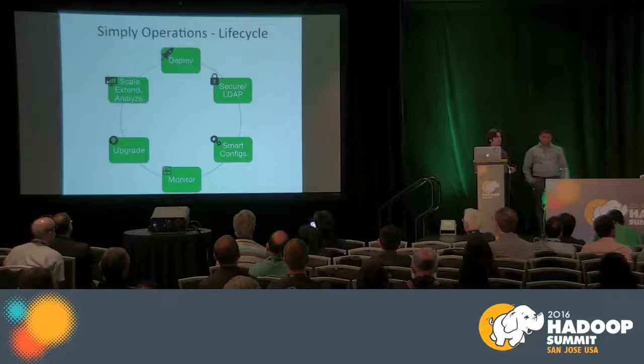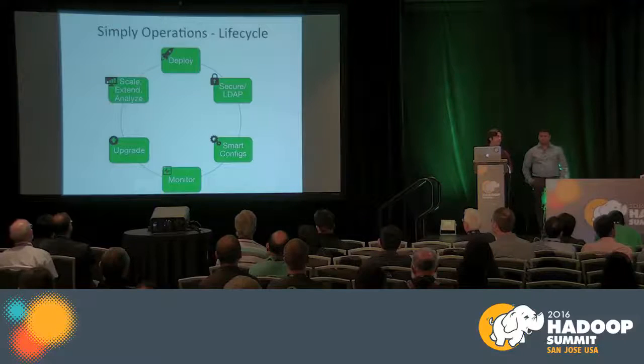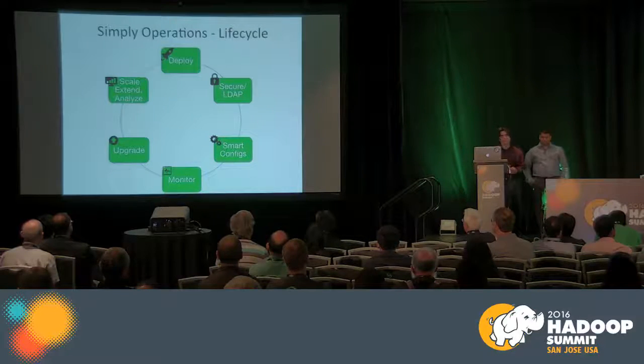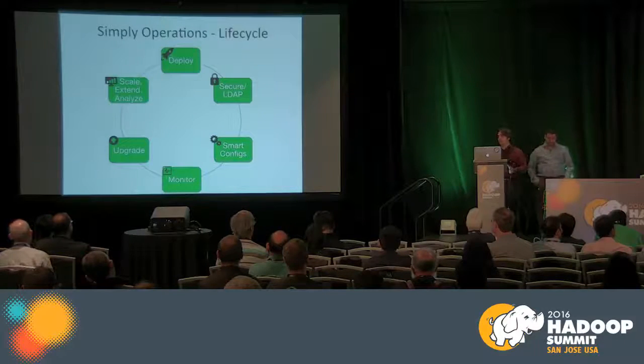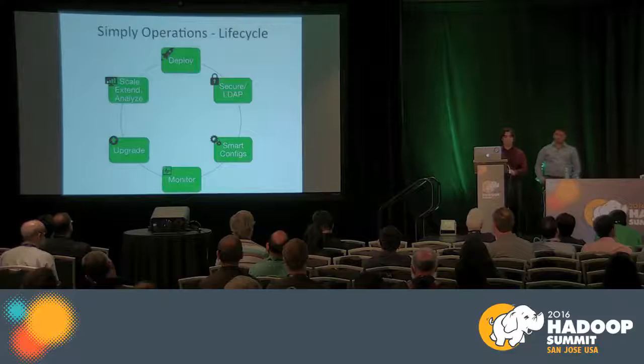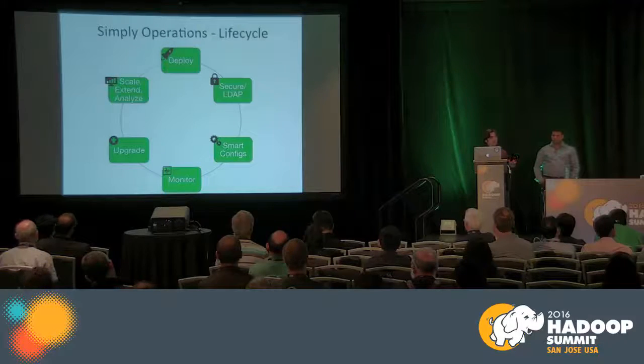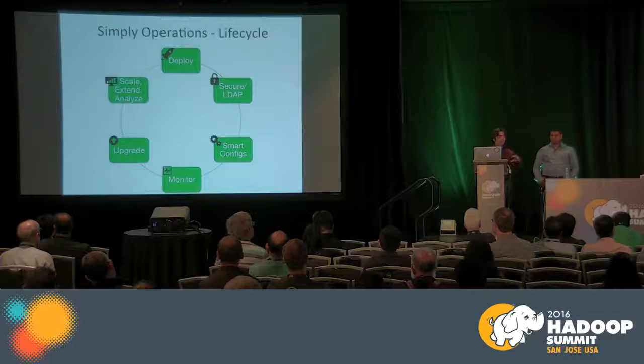Getting this right is very difficult, especially because there are so many dependencies. Ambari really comes to the rescue with Smart Configs. It has stack advisors that can actually recommend settings. The very next step is to monitor your cluster, receive alerts, and track the progress and the health. Ambari has a couple of features for that as well.